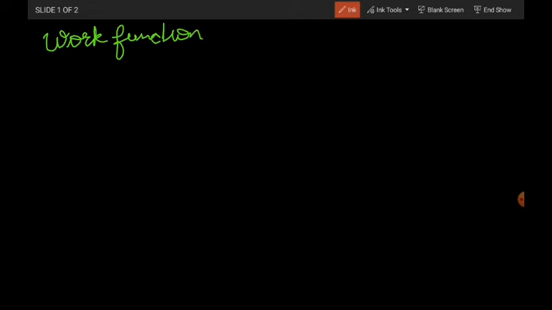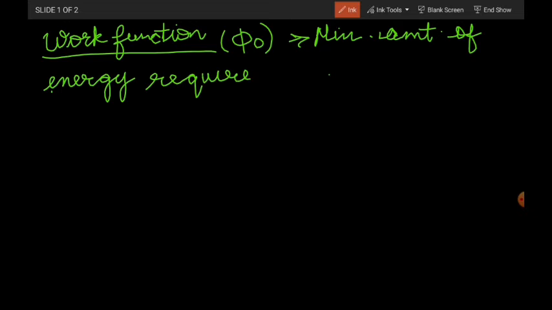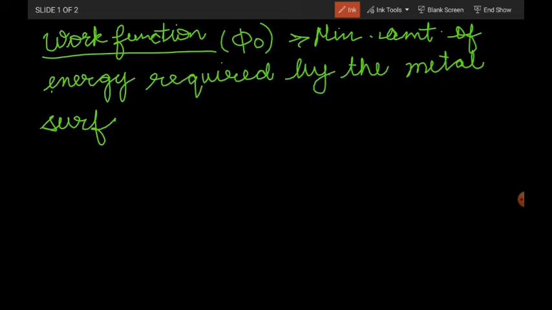Work function is denoted by phi naught, and this is actually the minimum amount of energy required by the metal surface to emit an electron.